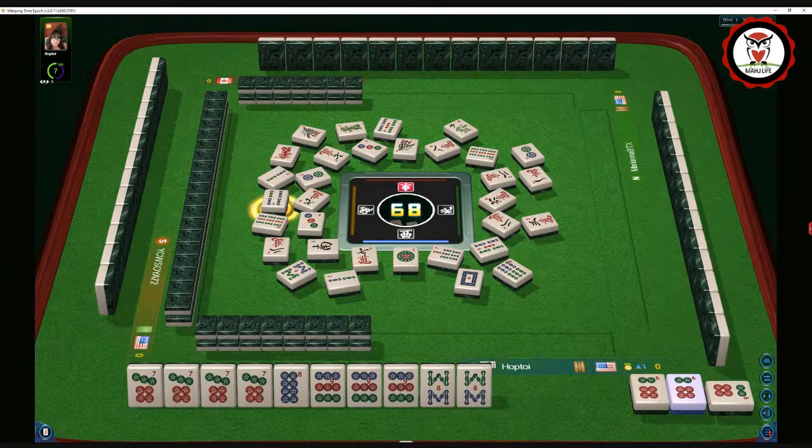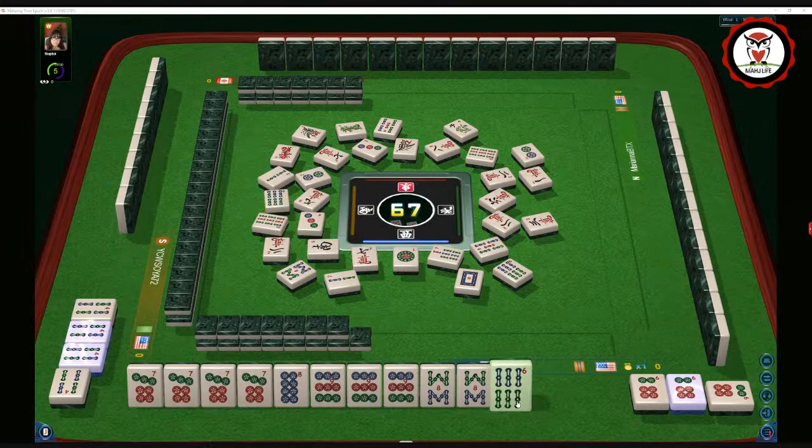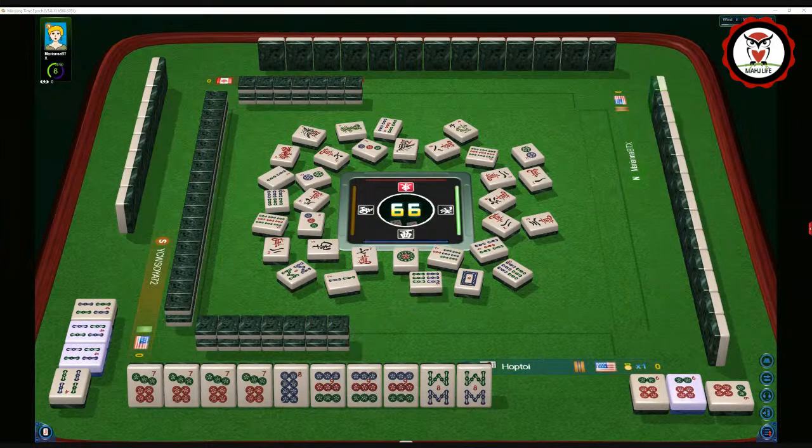4 bamboos. Kong. Oh, 4 bam, 6 Kong. 6 bamboos. 4 bamboos. 1 dot.